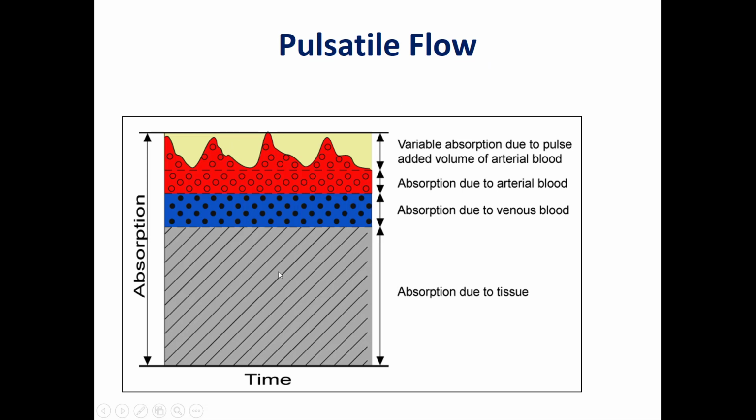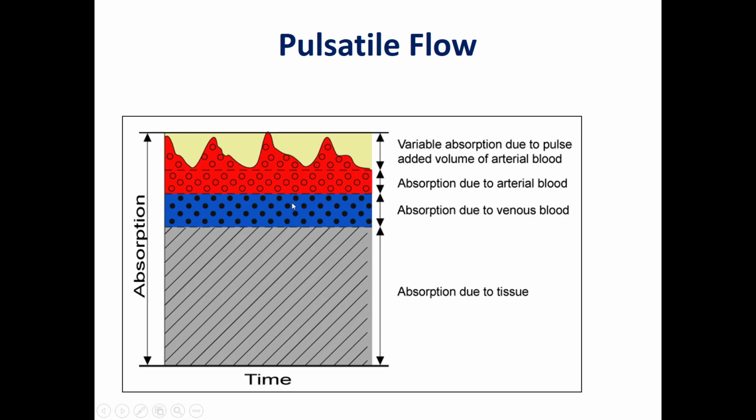This is a model for the different absorptions that happen for the red and infrared in the finger. As we said, we have AC signals and DC signals. The only AC signal in this model is for the arterial blood, this pulse in the arteries. We also have a DC signal, which is an absorption due to the arterial blood.